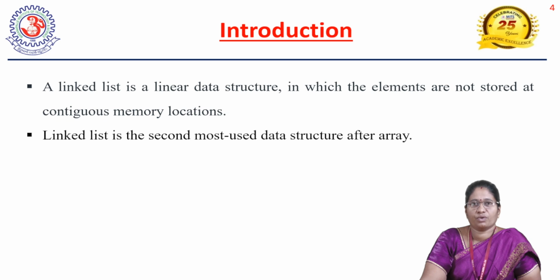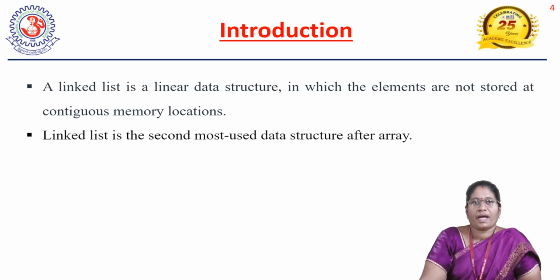An array is a linear data structure, and we store elements in contiguous memory locations, sequentially. But in a linked list, it is not like that. We can store our elements wherever free space is available. That is the speciality of the linked list concept.